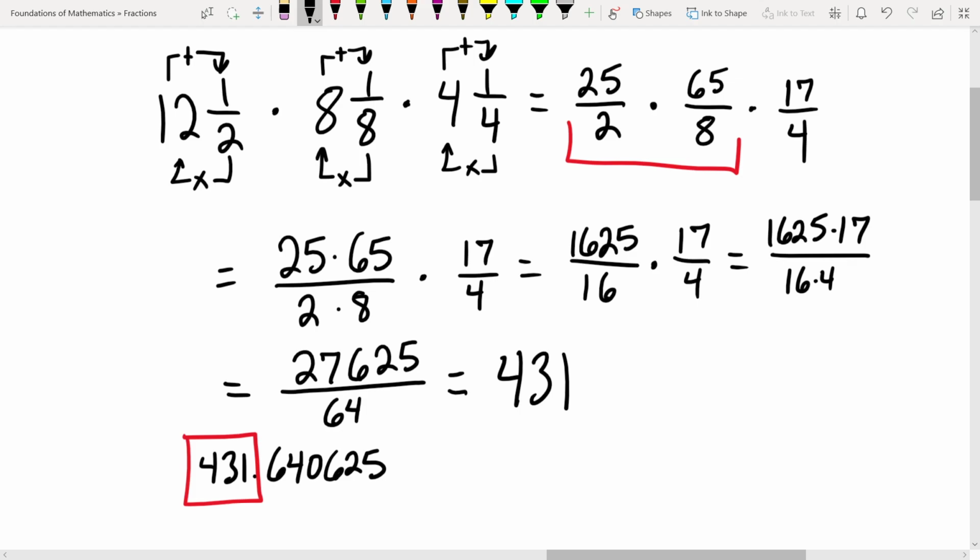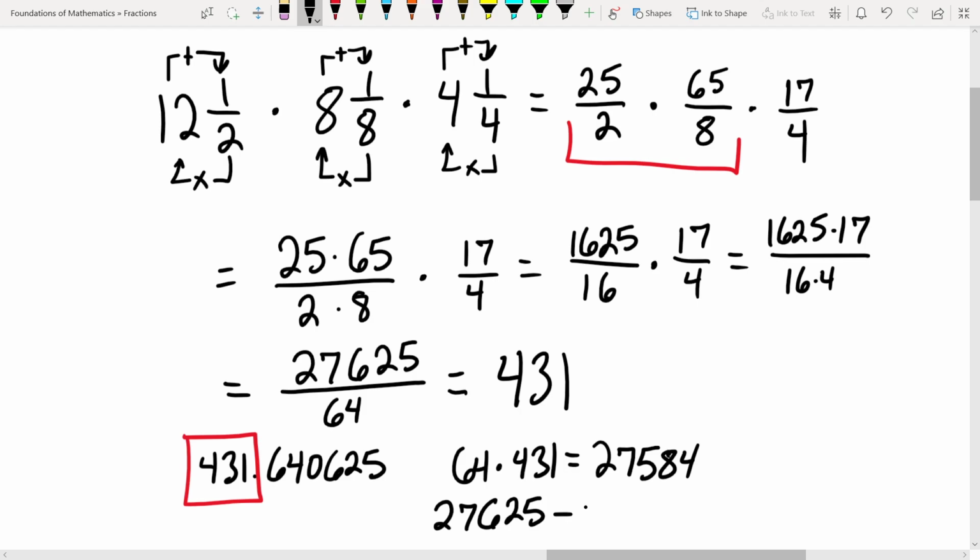So we go 64 times 431 equals 27584. And we take that number away from the number we started with on top.